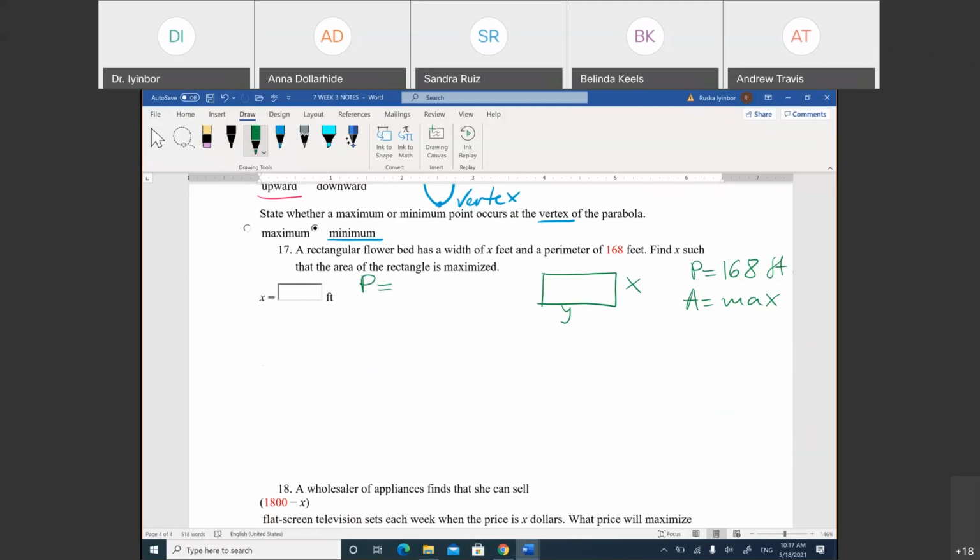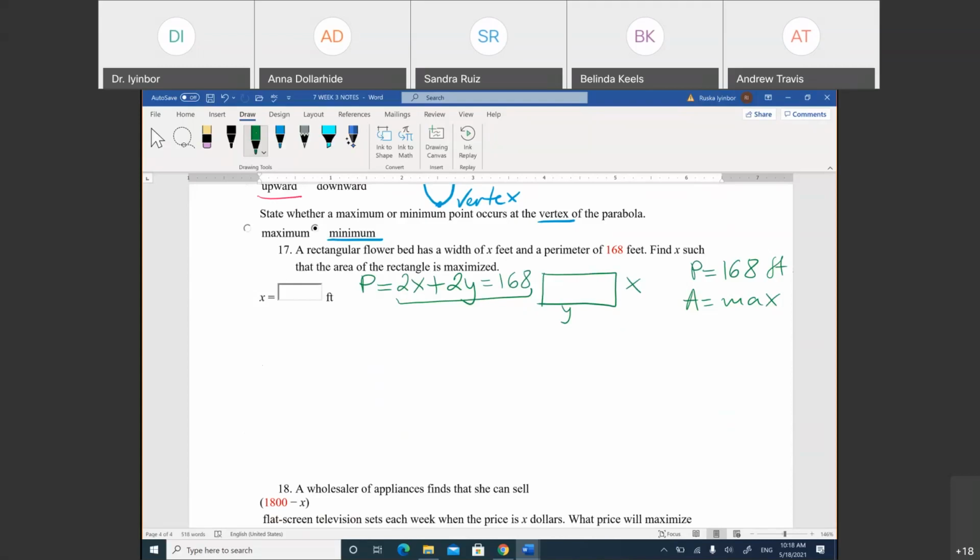It's 2x. So it's going to be 2x plus 2y. Yes, that's correct. So I have 2x plus 2y, and they give me 168, yes? So we're going to use this equation, and you're going to eliminate y to find only x.